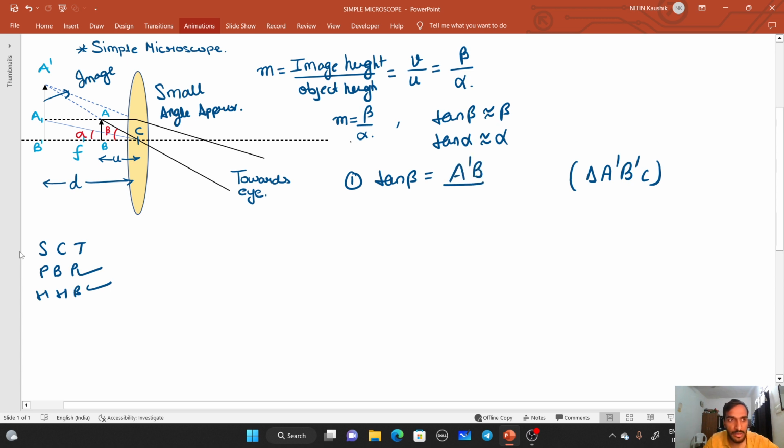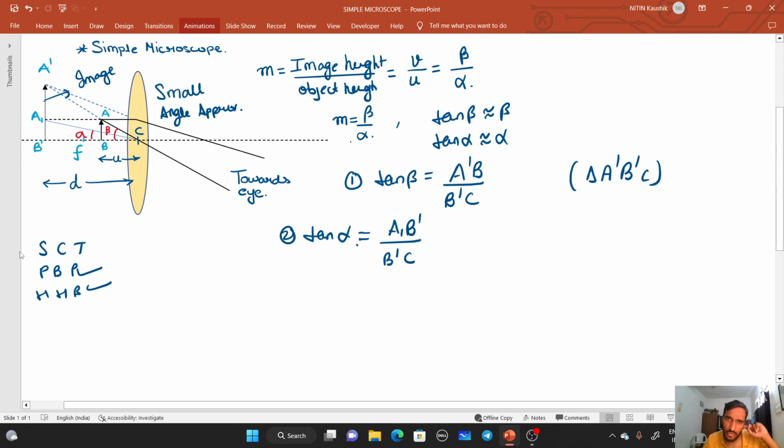What is base? Base is B dash C, right? So that is equation 1. Now for tan alpha, we will consider this triangle, right? In this triangle we have perpendicular. What is perpendicular? Perpendicular is A1 B dash upon B dash C.